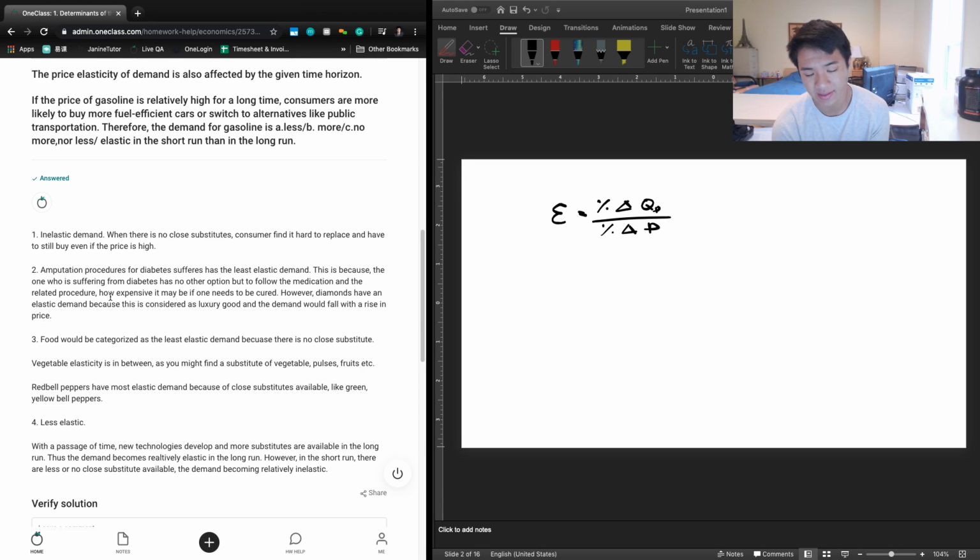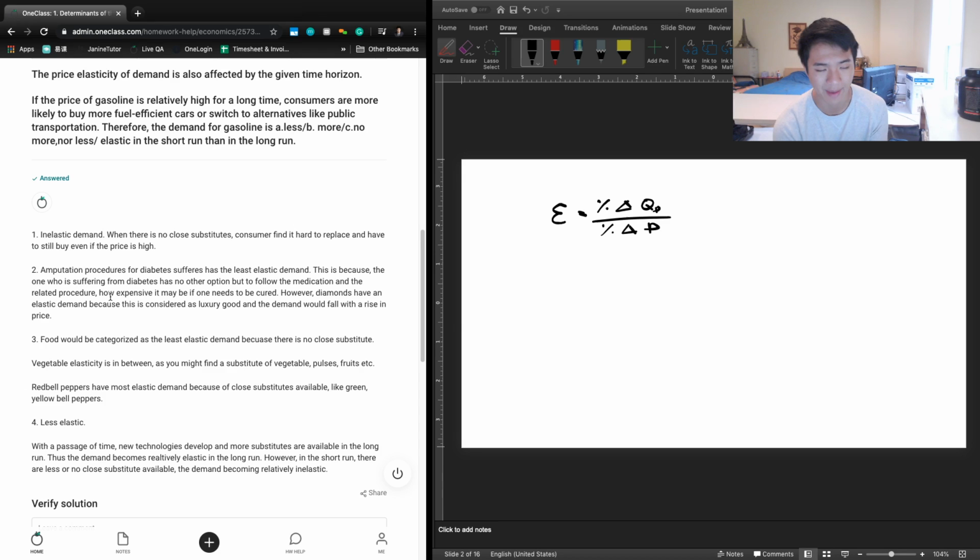So this is going to that last factor or determinant of elasticity, which talks about time horizon. And so what we're seeing there is this question of how does having a short run versus a long run horizon affect how elastic something is, and the explanation in the beginning already breaks down that in the long run consumers have more time to adjust their long-term behavior, like buying a new car or switching their daily habits.